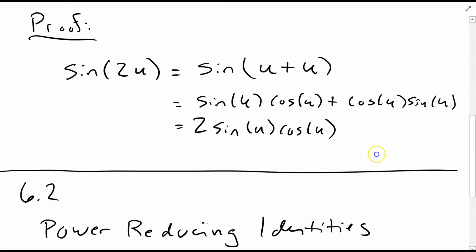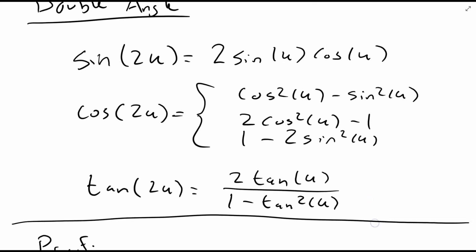Let's go back and look at my double angle formulas, specifically this one. What's the power reducing identity for sine squared? It's this double angle formula just rearranged, right? All I did was get the sine squared by itself, and it's now the same thing as the power reducing identity. Is everybody okay with that?